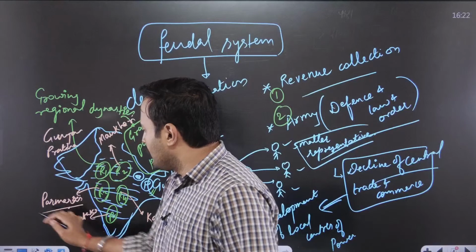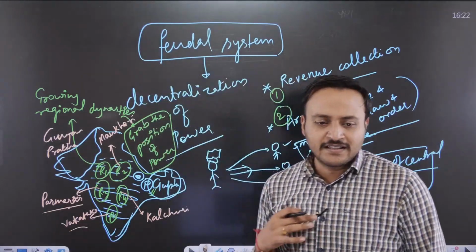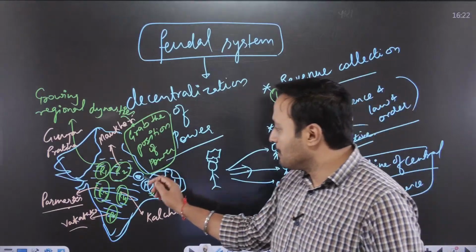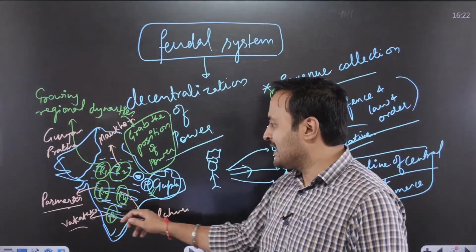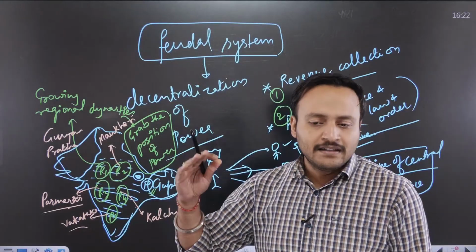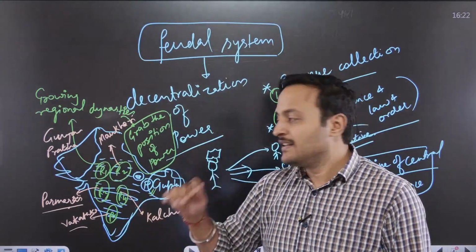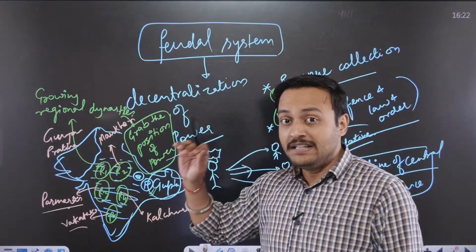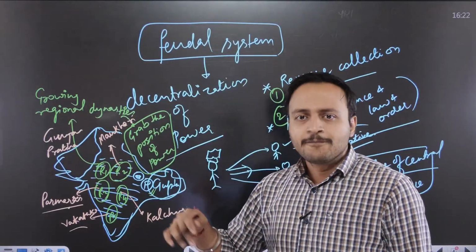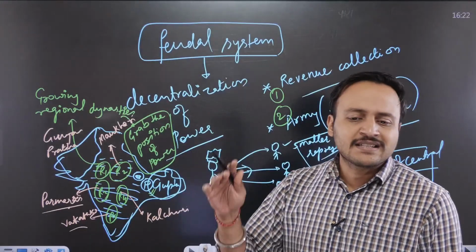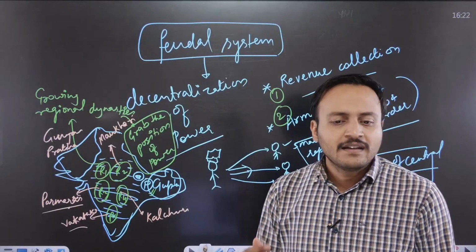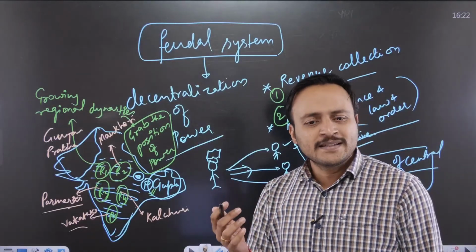Now you can understand with this particular example. Let me say that the Gupta dynasty was ruling this entire area, and they had given the regional responsibilities to distinguished leaders who were their subordinates. However, when the Gupta dynasty started to break down or become weak, what will be the consequence?